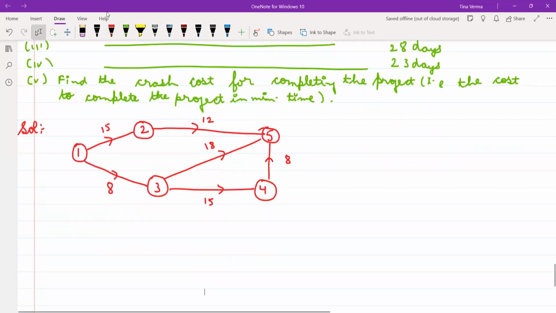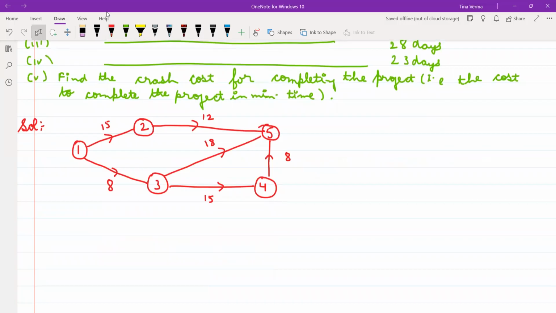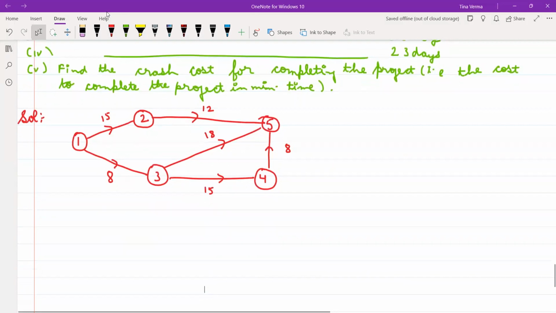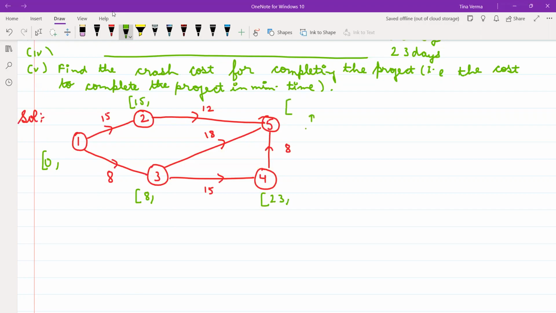Whenever you have normal duration, you have to find the EST, that is earliest starting time, and latest completion time of every activity. The first activity you can start at 0 number of days, that will be 0. The second activity you can start only when your first activity is completed, and this will be 0 plus 15, this will be 15. And the third activity is 0 plus 8, 8. 3 to 4, this is 15 plus 8, 23. And for the activity 5, what you have to take?